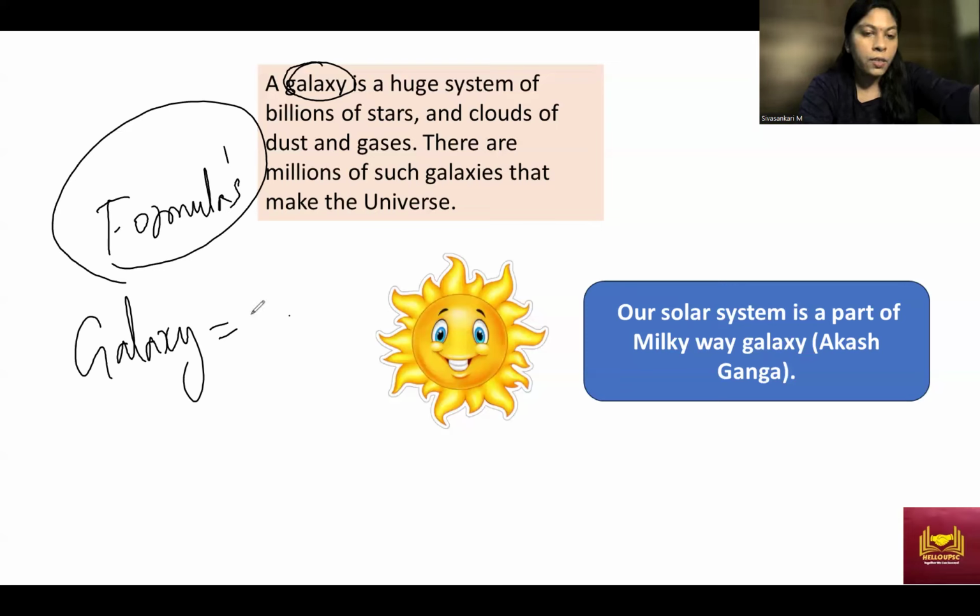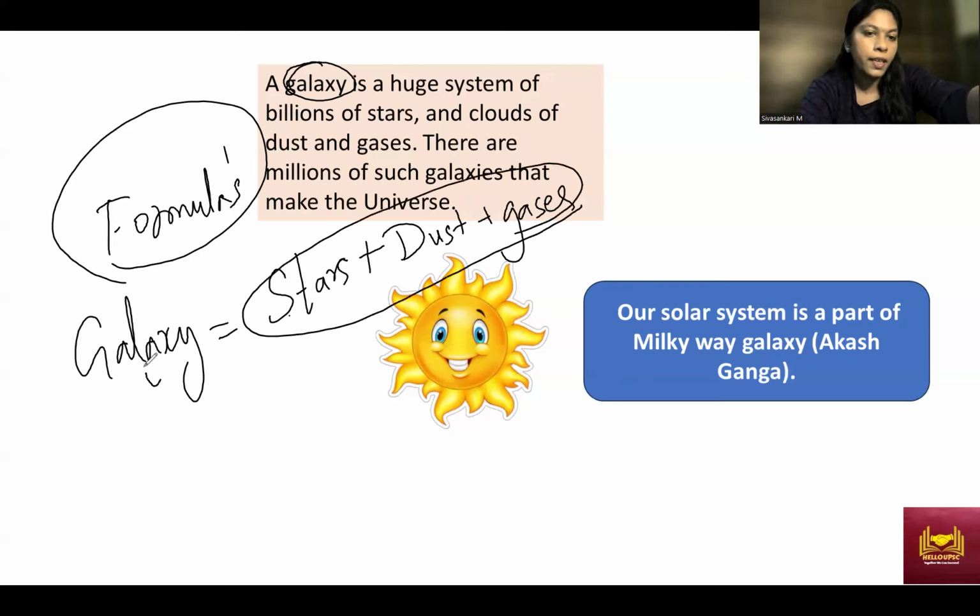So galaxy means, you have to write, stars plus dust and gas, all combined together we call it a galaxy. Stars means not only stars, but stars along with their planet systems. If you want to expand this, we'll read below.